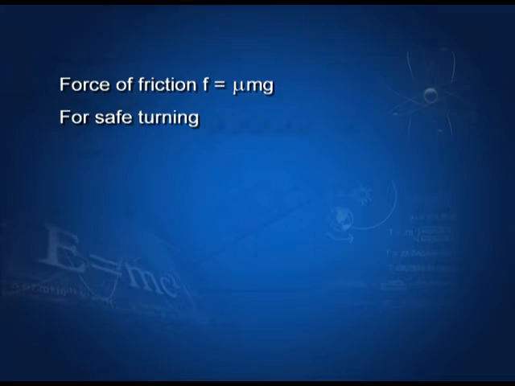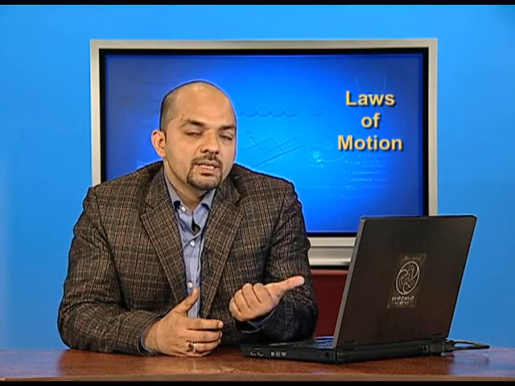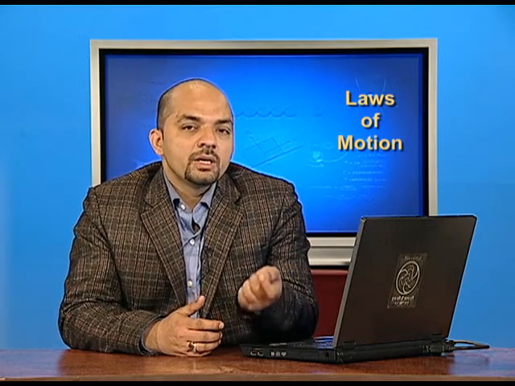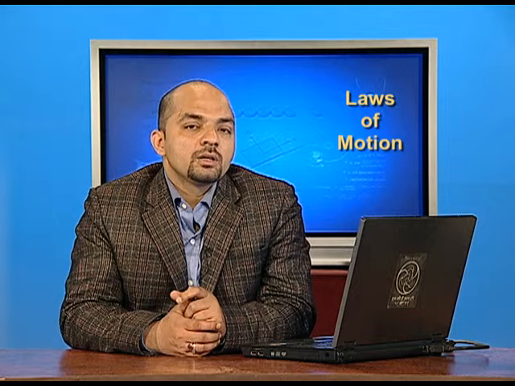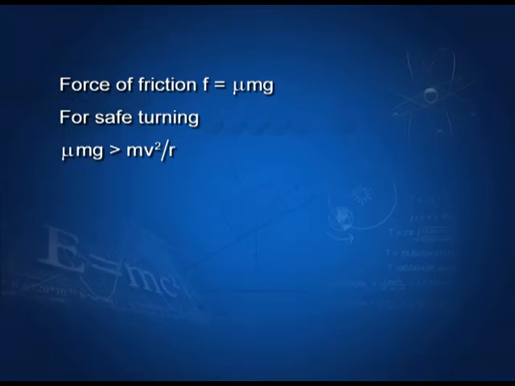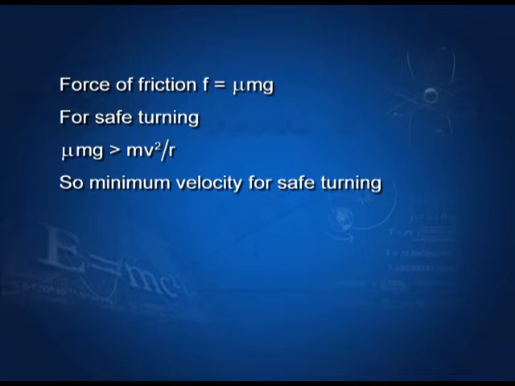For safe turning, this force of friction, which is acting in the inward direction, should be greater than the centripetal force. So, mu mg should be greater than mv square upon r. Cancelling m from both sides, we get the maximum velocity for safe turning v equals under root mu r g.